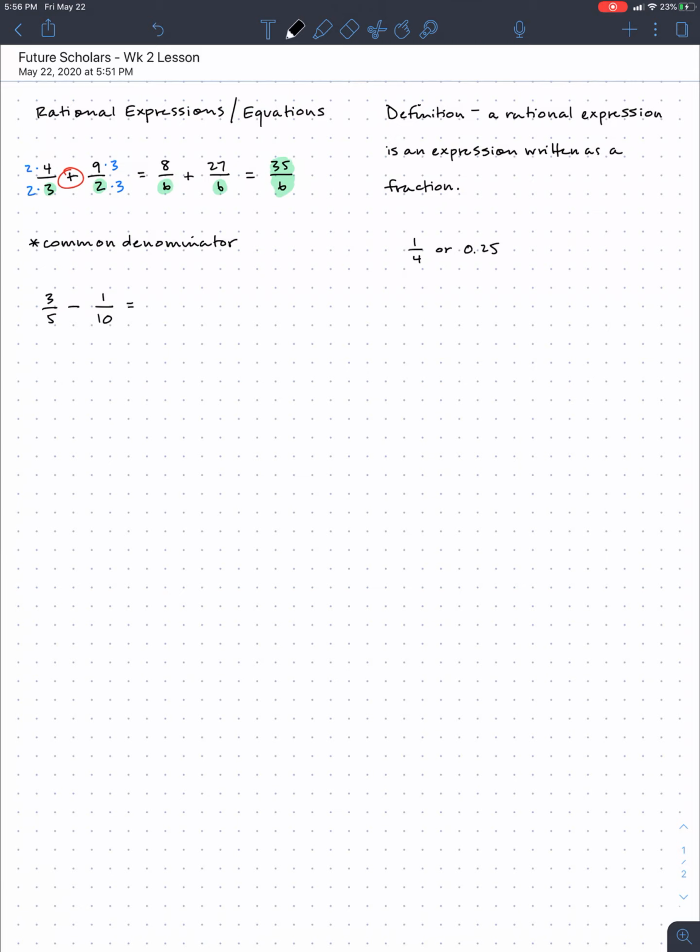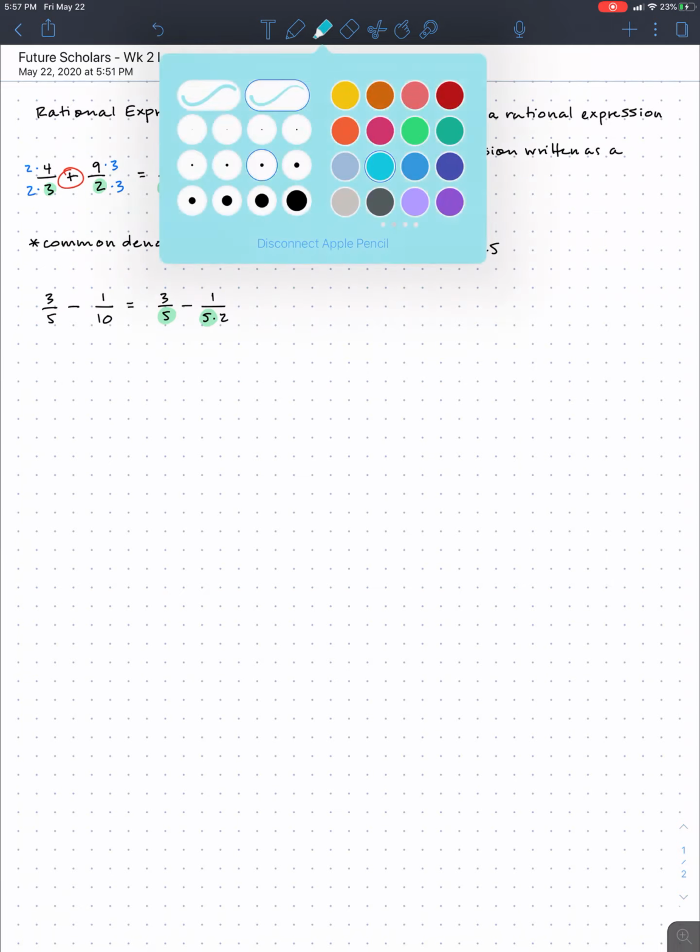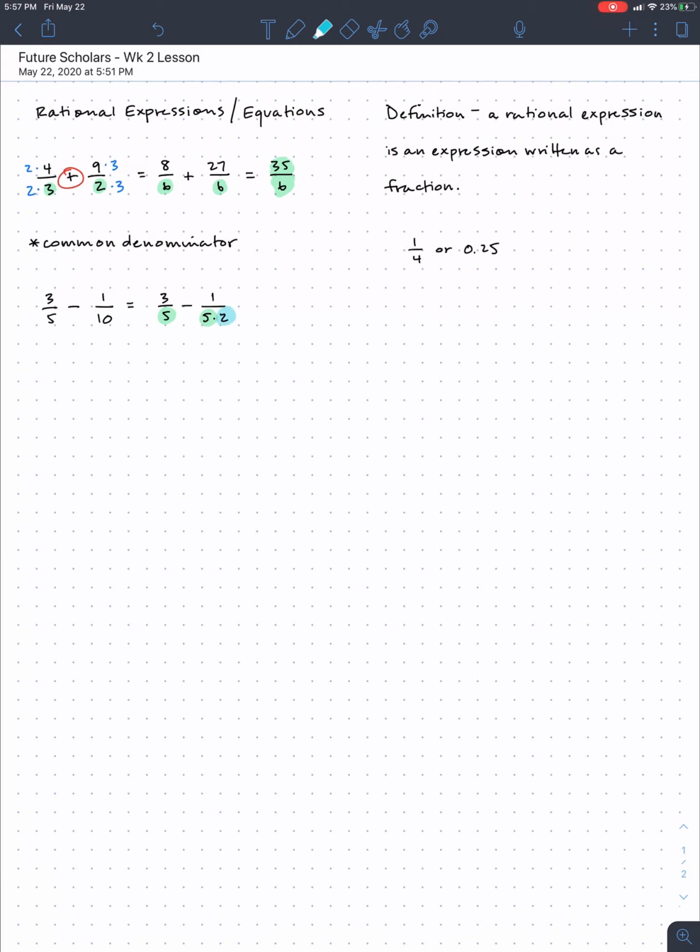So when I see 3/5 and 1/10, I see 3 over 5 minus 1 over 5 times 2. And I notice that in my denominators, this guy has a 5 and this guy has a 5, but this guy also has this extra 2. So if I want to get a common denominator here, then I need to multiply this by 2 so that I have that extra 2 to get our common denominator.